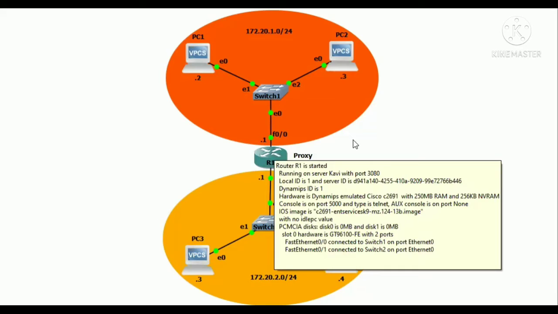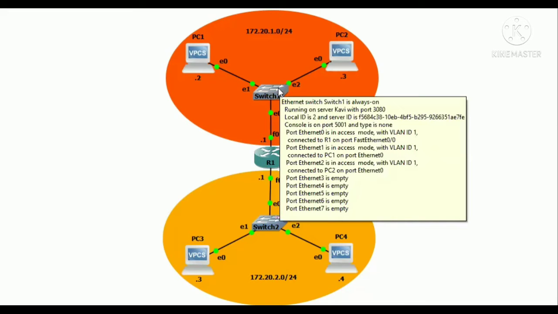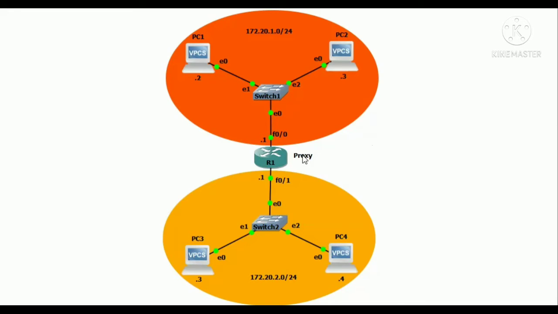In proxy ARP, the router responds to ARP requests on behalf of the original receiver. Here, on behalf of PC1 and PC2, router 1 will answer ARP requests from PC3 and PC4, and vice versa. So this is our scenario.